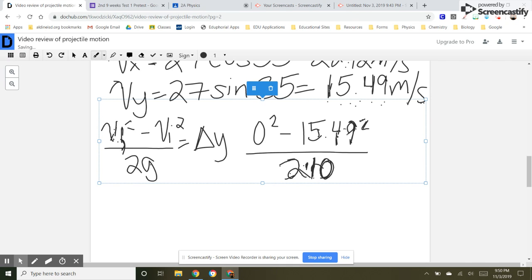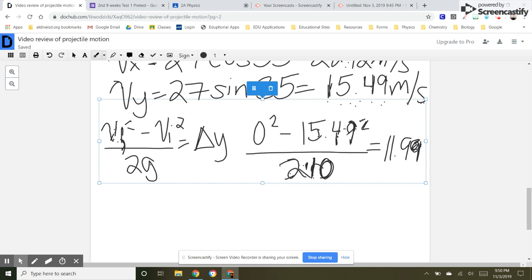Technology these days, it's supposed to be helpful. Okay, so 15.49 squared divided by 20. I got max height to be 11.999. Actually, if you round it, it should be 12, but we'll just call it 11.99.